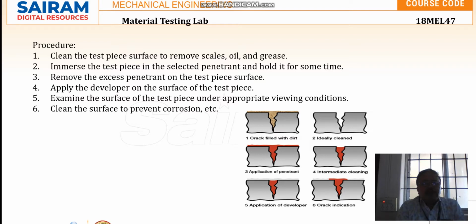Then immerse the test piece in the selected penetrant and hold it for some time. Remove the excess penetrant on the test piece surface. Apply the developer on the surface of the test piece. Then examine the surface of the test piece under appropriate viewing conditions. Then clean the surface to prevent the possibility of corrosion.